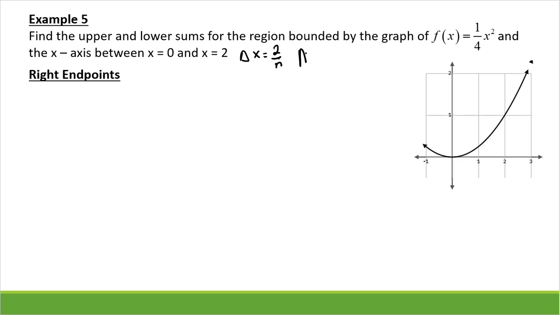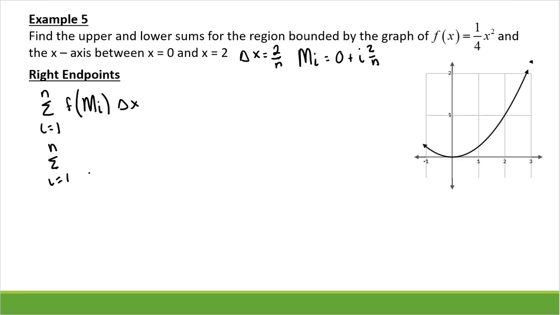So again, my right summation formula, you're just doing the same thing. And I have 1/4 x squared delta x. This x squared is a little bit nicer.